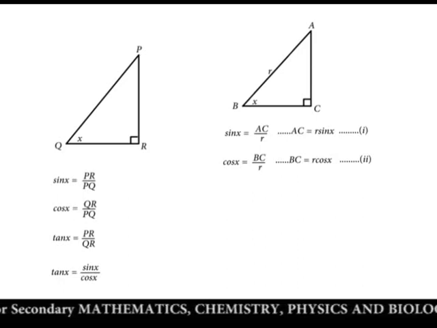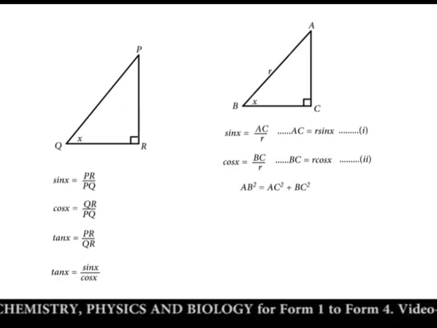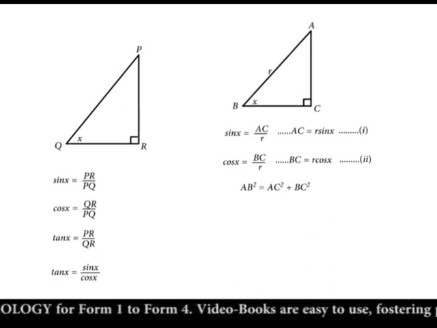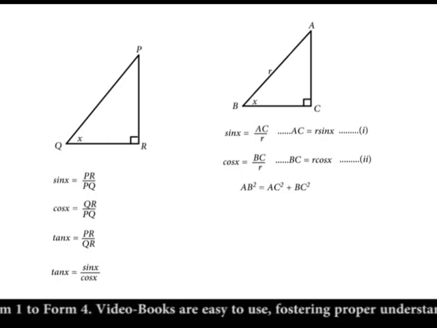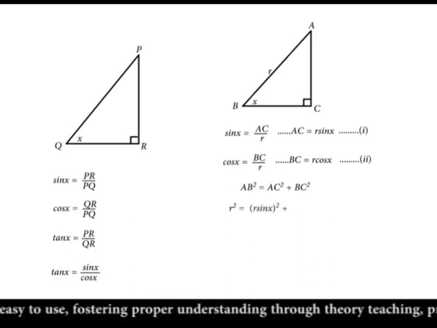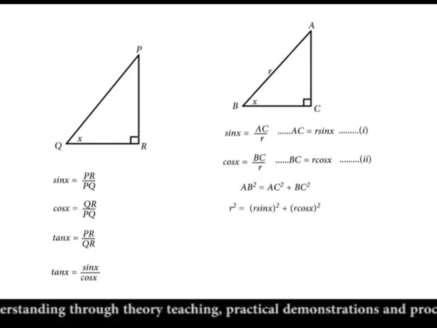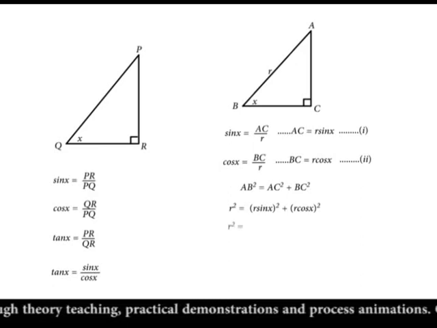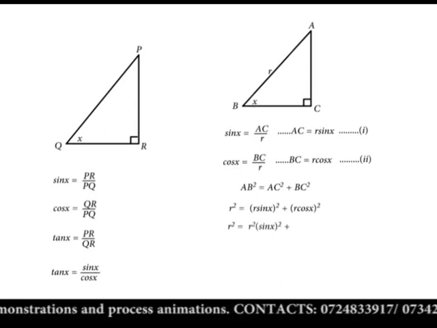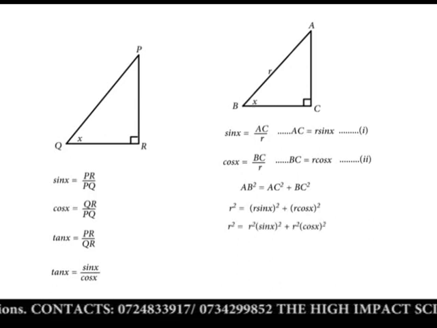Using Pythagoras theorem, AB squared is equal to AC squared plus BC squared. Substituting the values of AB, AC and BC, we get R squared is equal to (R sin X) squared plus (R cos X) squared. That gives us R squared is equal to, opening those brackets, R squared times sin X squared plus R squared cos X squared.